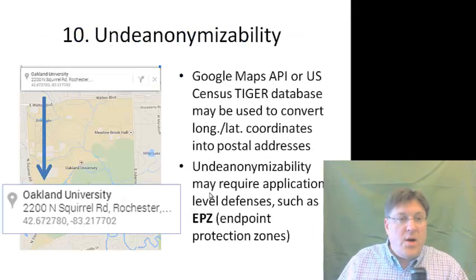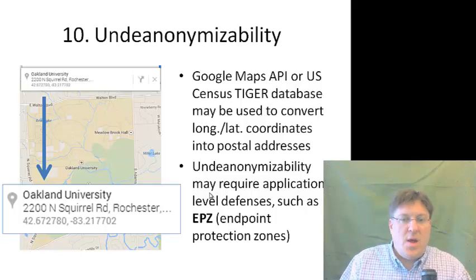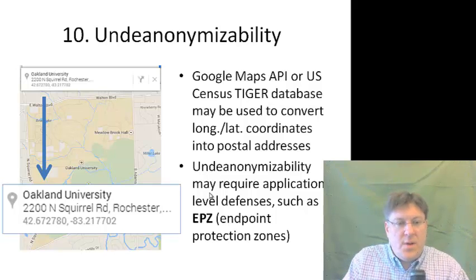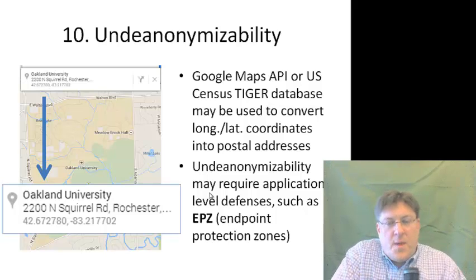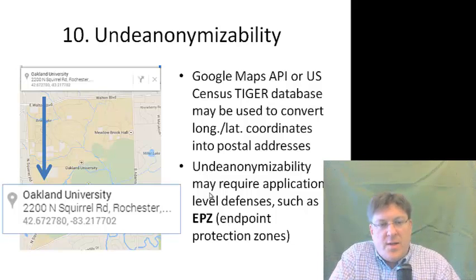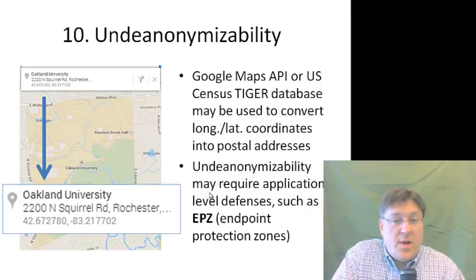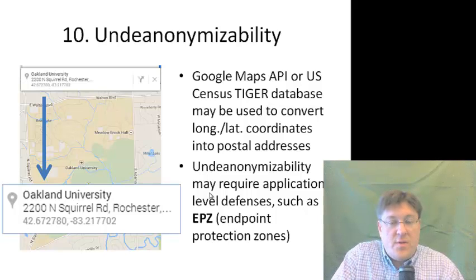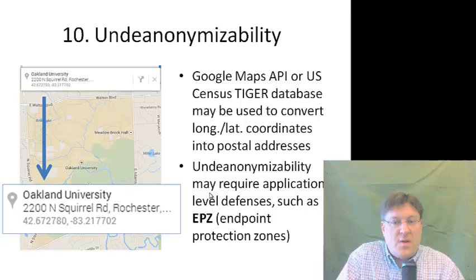A new area that's just emerging now, I just got a paper accepted on it. It hasn't been published yet, but it will be soon, on undeanonymizability. The idea is to create a system that can protect against somebody trying to de-anonymize your latitude and longitude coordinates using Google Maps or, say, the U.S. Census location database.